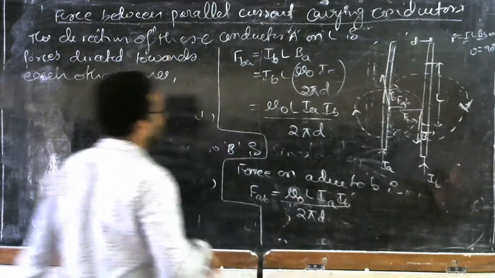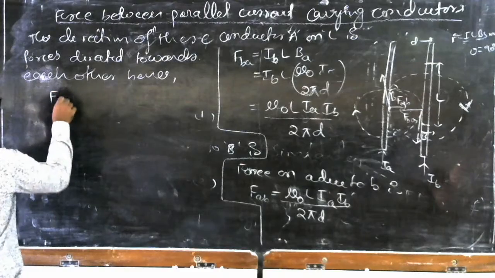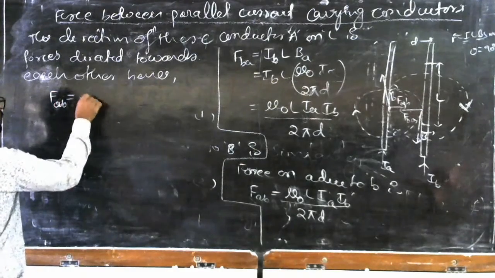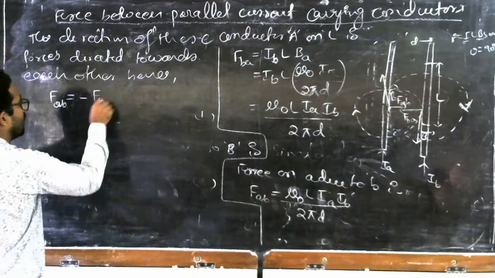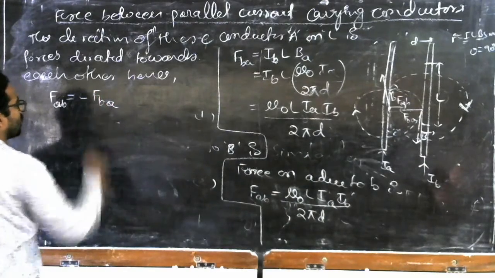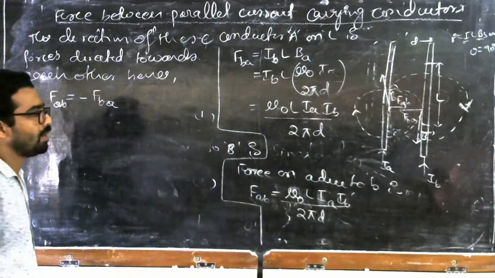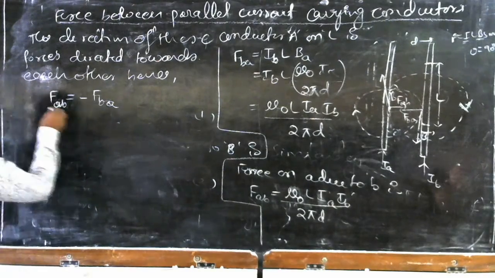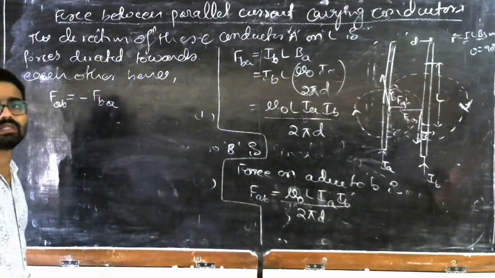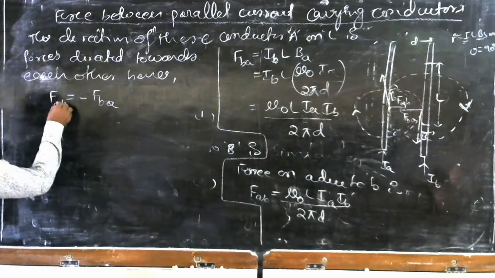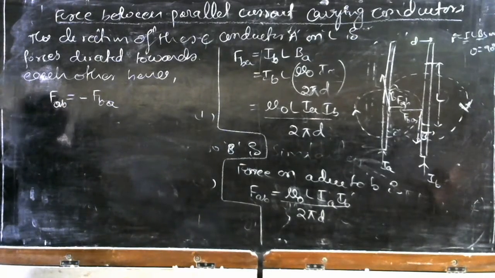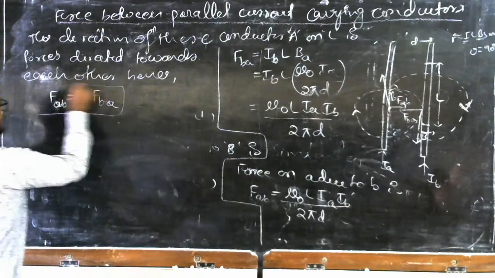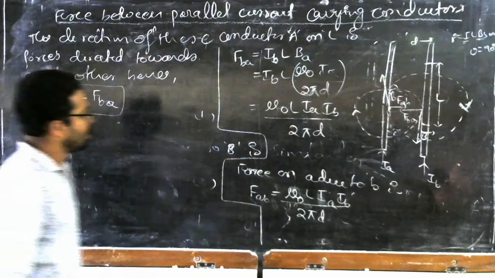That is why we can write FAB is equal to minus FBA. They are equal in magnitude and directed toward each other. This is the result that we can write using Newton's law, FAB is equal to minus FBA.